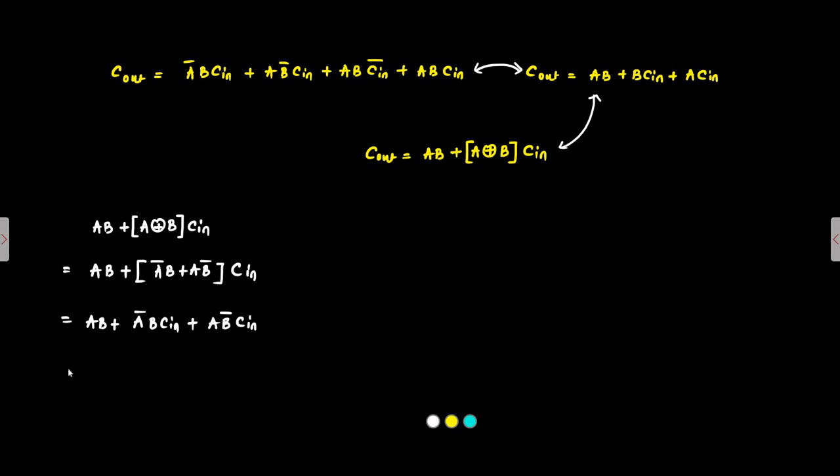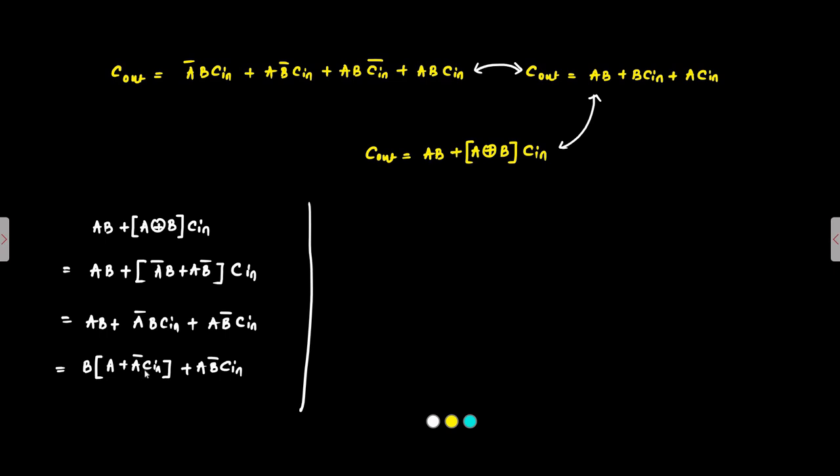Now here we'll take B common in these two. So here we'll take B common, so we'll get B into A or A bar Cn or A B bar Cn. Okay, let us go to this side.